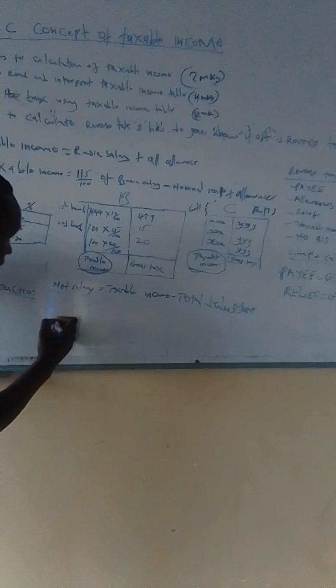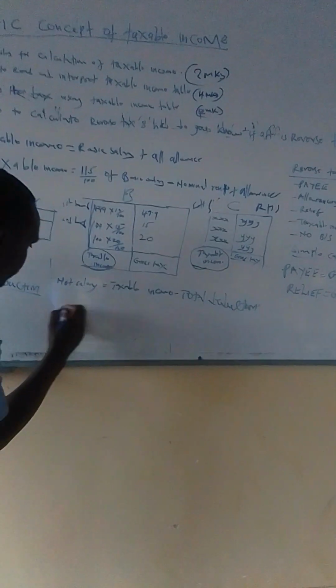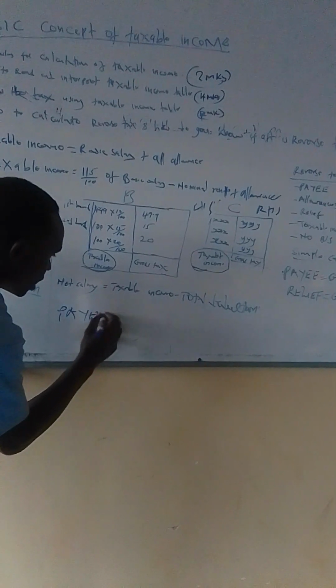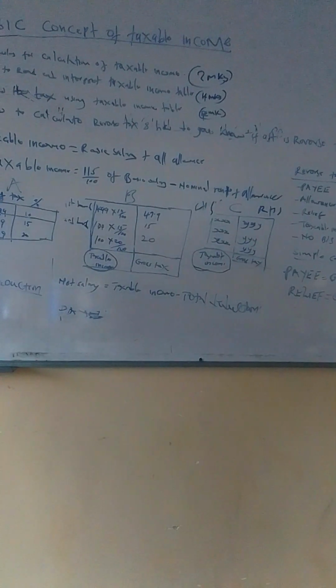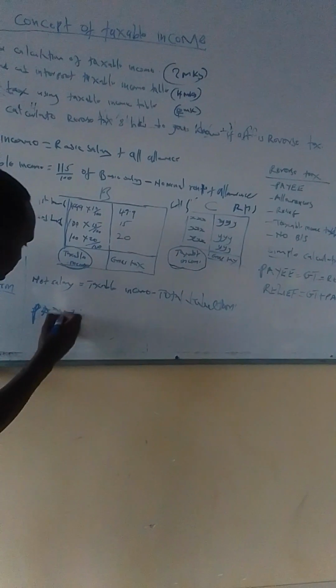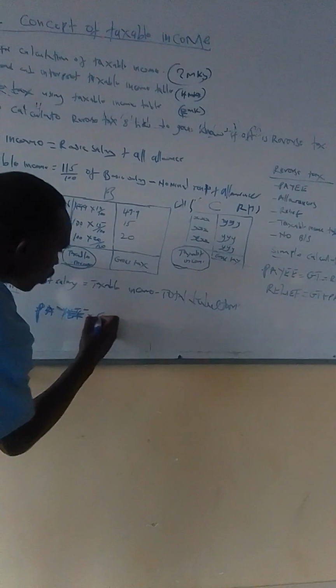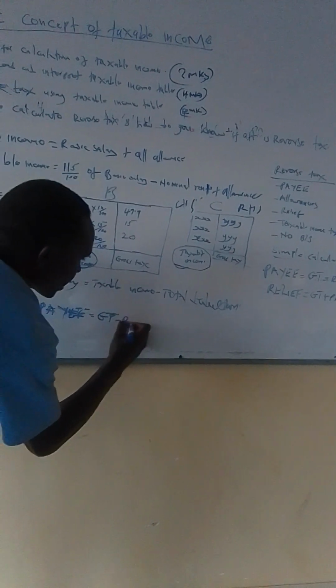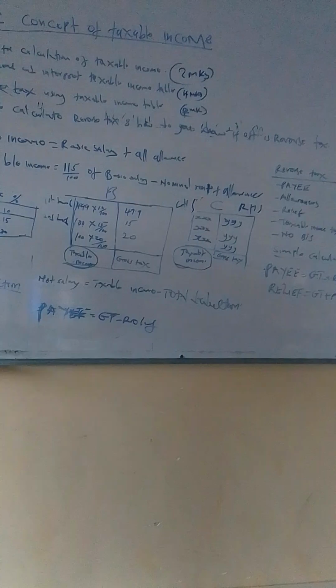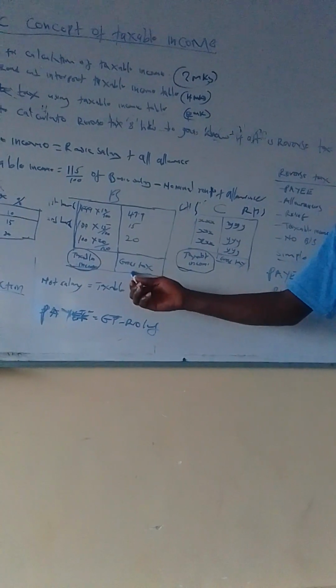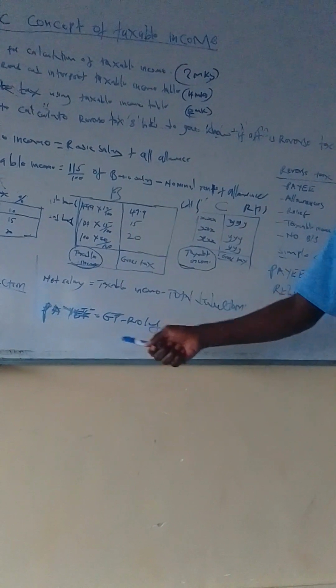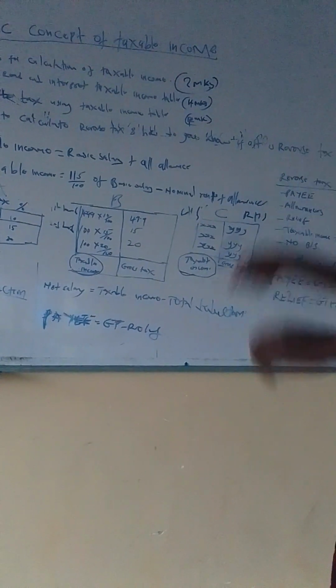Now, if I have understood this table, then I come to the next step. The next step, you will be asked to find what? Pay. And pay is pay as you earn. Pay is equal to gross tax minus relief. In my table, I have gross tax, and in that question, you will see relief.